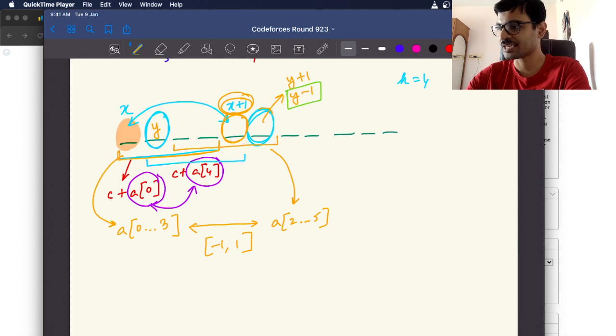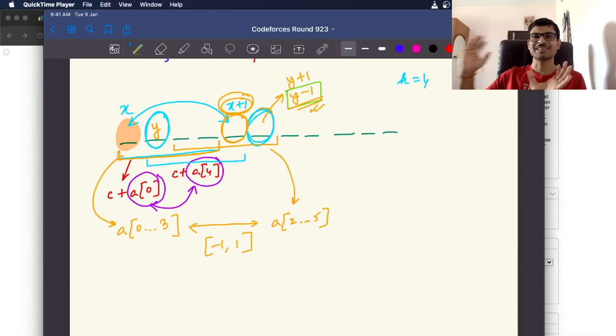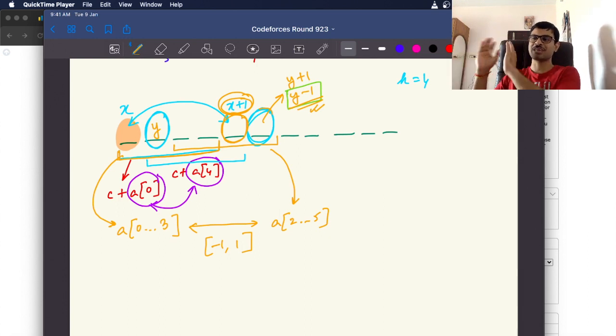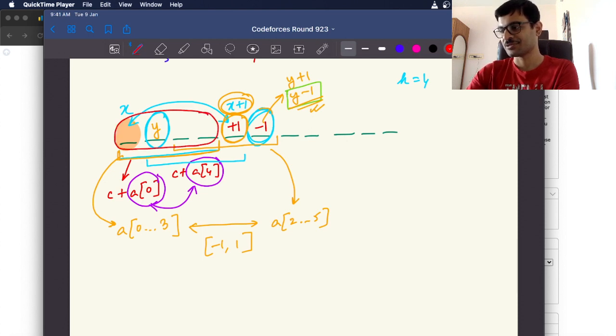You have to keep this as y minus 1 so that the net difference between these two sums is 0. It cannot be 2, it cannot be minus 2, so you have to keep them different. If here you are choosing plus 1, then here you have to choose minus 1 with reference to this guy. So there I've done plus 1, that means the next one I'll do minus 1. That's it.